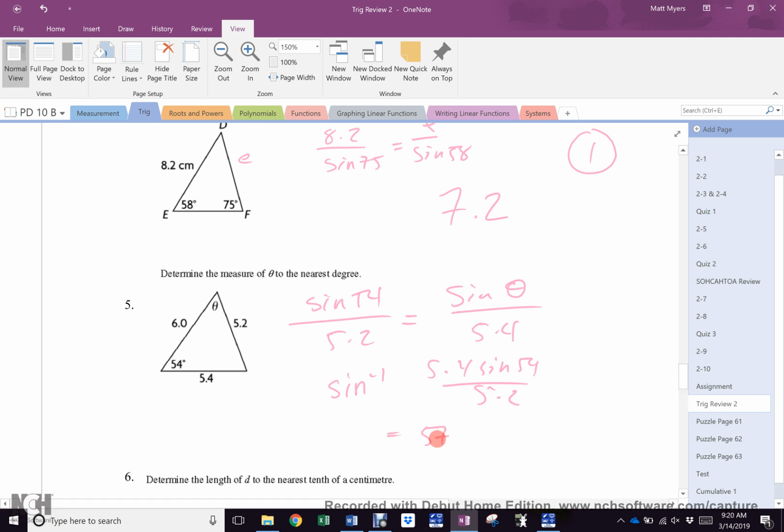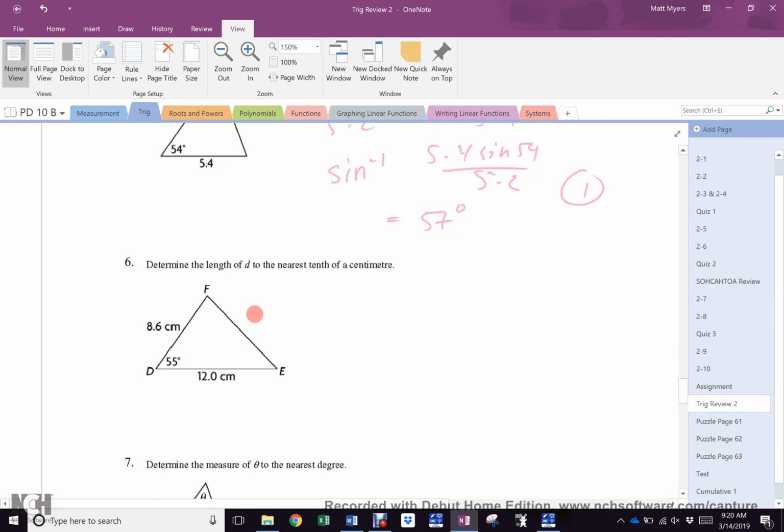57 degrees. This is C. C squared equals 8.6 squared plus 12 squared minus 2 times 8.6 times 12 times cos 55, which is 9.97.